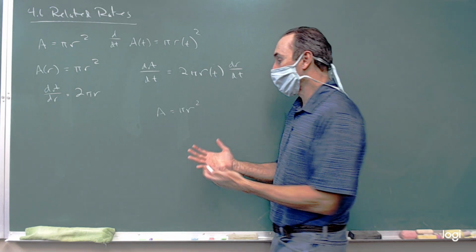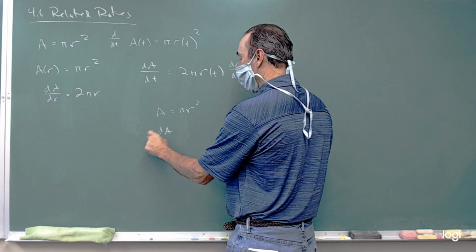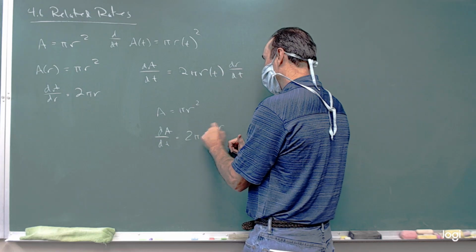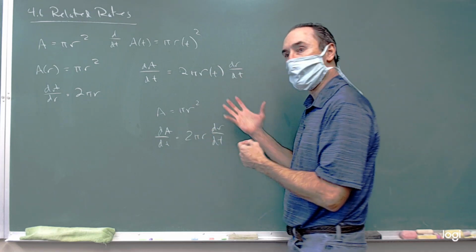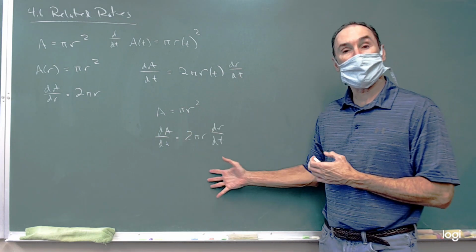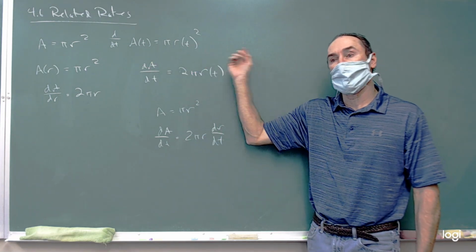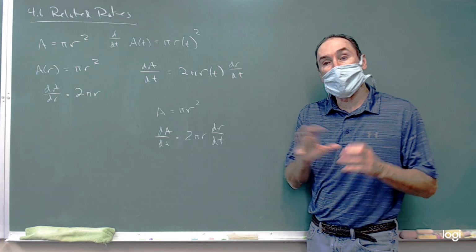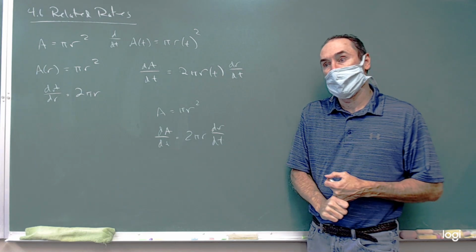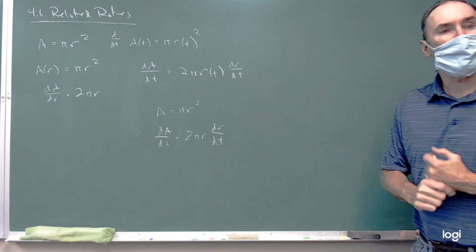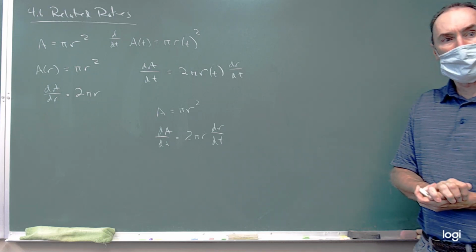And so the way that will usually be written is dA/dt is going to be 2 pi r dr/dt. But it's from clues given in the problem rather than the way that it's written that tells you that we have these different functions of time. And so I think that makes it disguised or something. Okay?